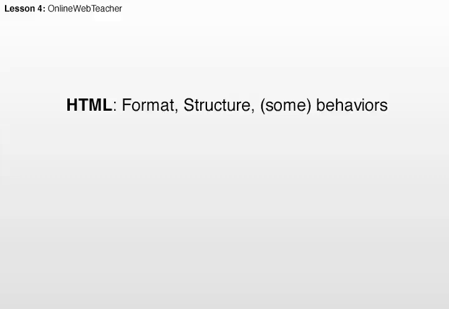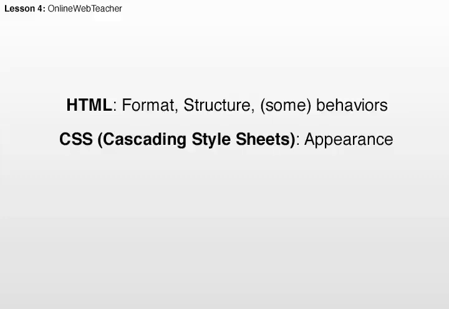So in order to represent the format and the structure and some behaviors of the document, you are going to use HTML. Now if you want to further control the appearance of the website, you need to use a language called CSS, which means cascading style sheets. We'll talk about CSS and JavaScript in the future, but you need to know this.